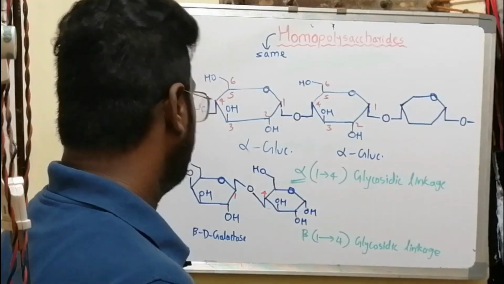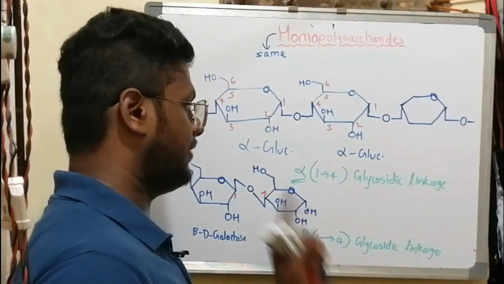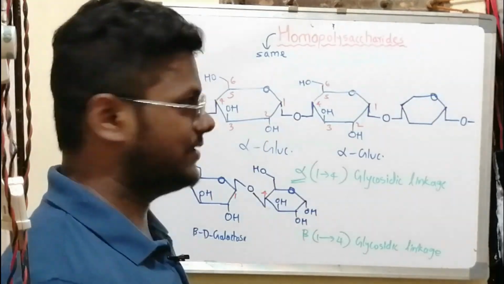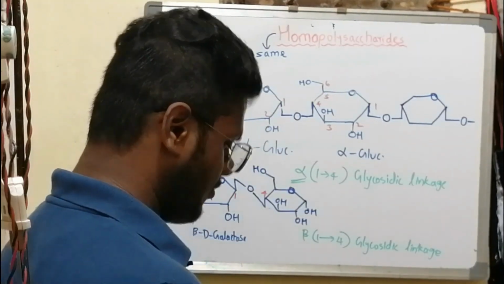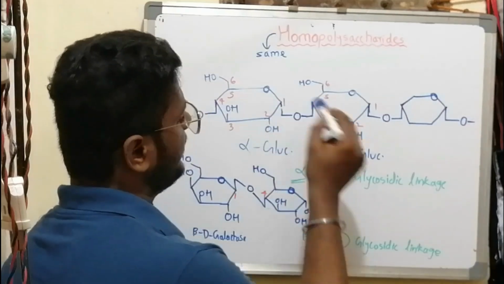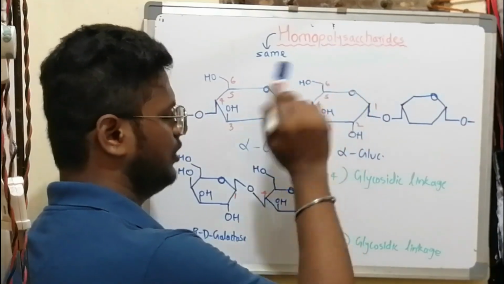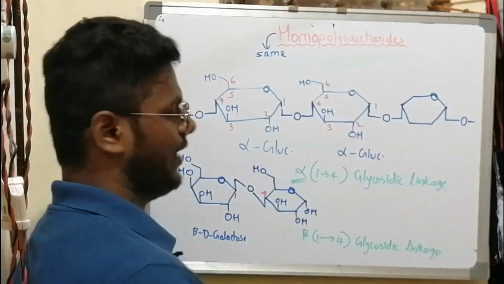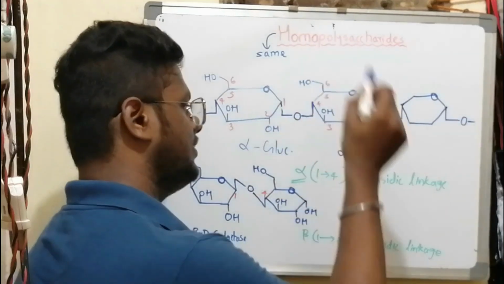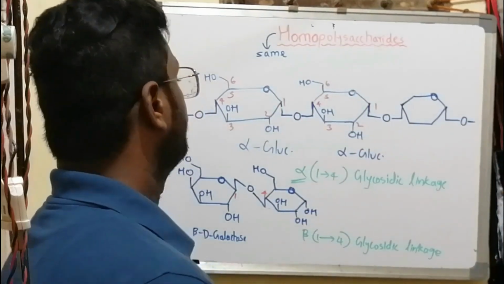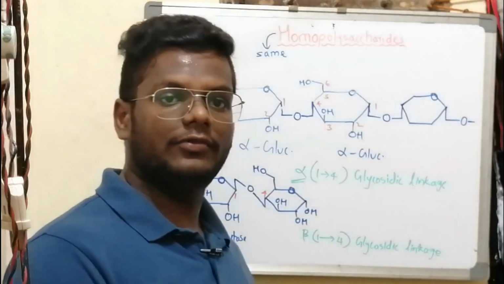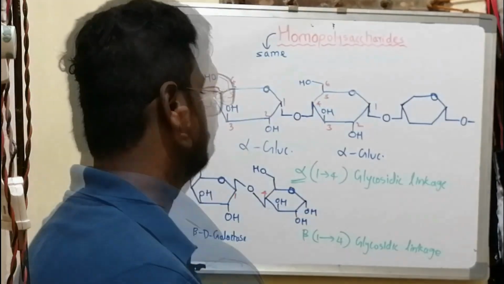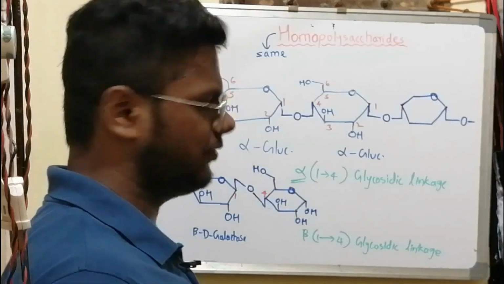But as I said, wherever the OH is present, we can form a glycosidic bond. So it is not a compulsion. We have drawn here 1,4 linkages, but the linkages can also be between C1 and C3, C1 and C5, not 5. 5 is not having any OH. So C1 and C2 also, right? So that depends on which type of homopolysaccharide we are talking about. We will be seeing different types of glycosidic linkages.